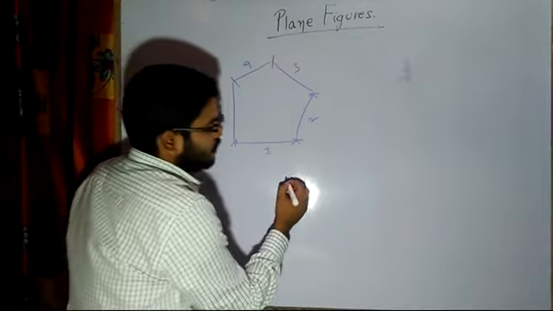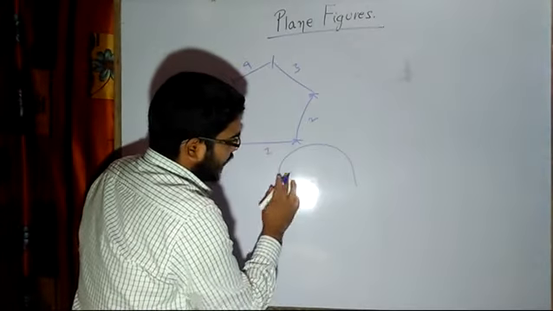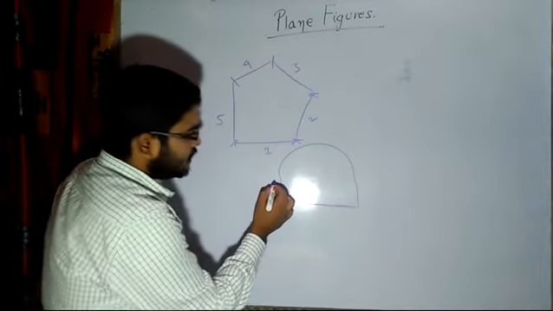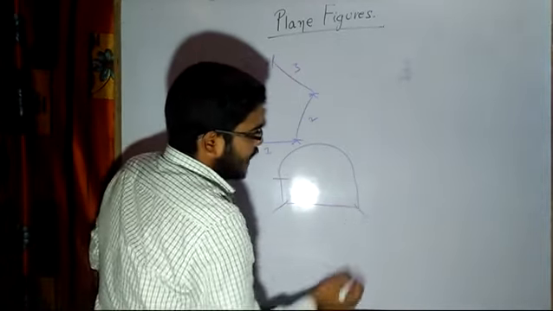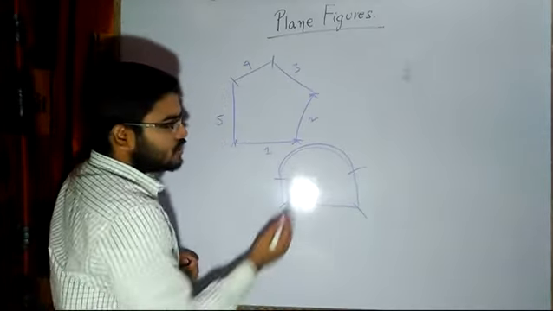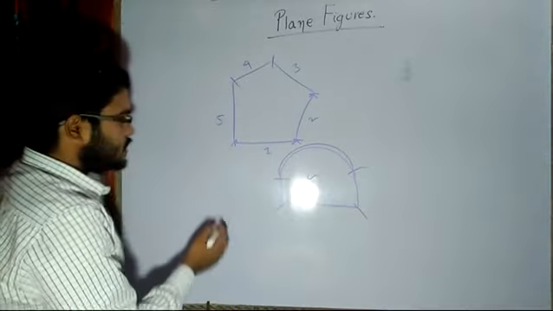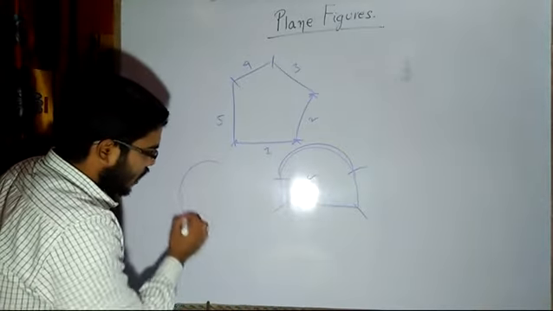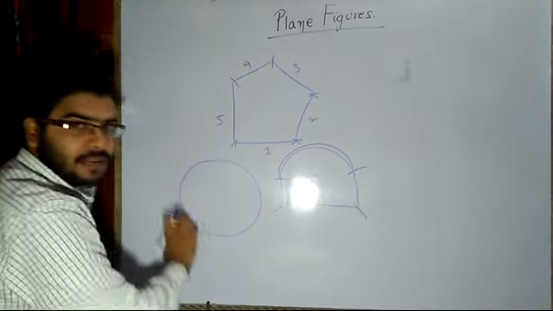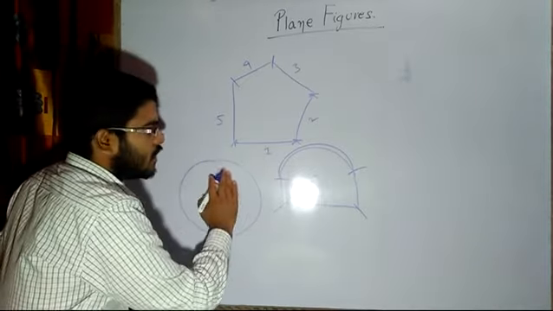Now can I have a figure having a curve and line segments? Definitely we can have. This is one line segment, another line segment, another line segment, and then one curve. So this is also called a plane figure. Second, we may have a figure which only has a curved line.